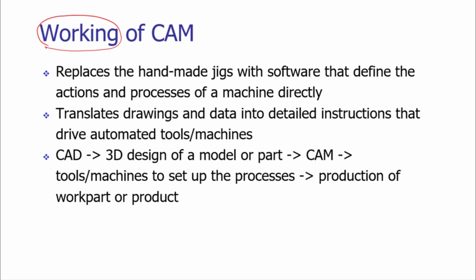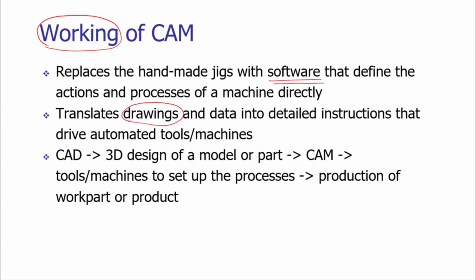They basically replace the handmade jigs with software. The software is being utilized to define the actions and processes that the machine directly carries out. The CAM systems are converting the drawings.